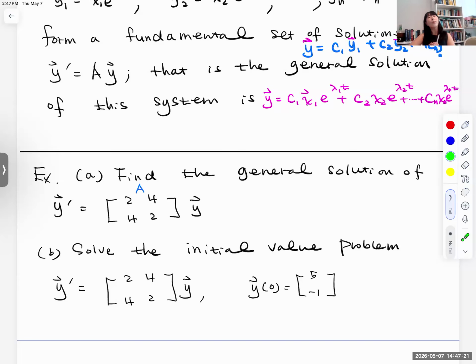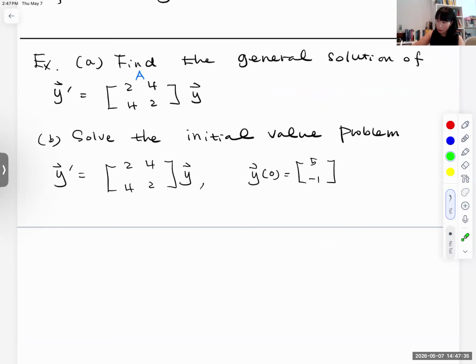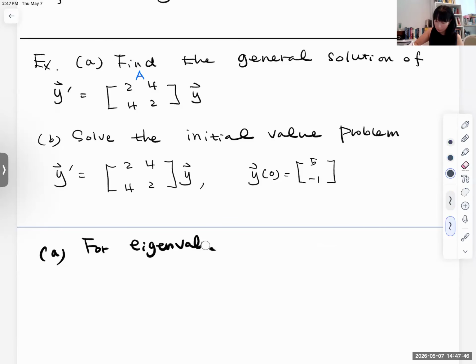Okay, so let us do this one. First of all, we want to find the eigenvalues. Then, using the eigenvalues, we find the eigenvectors. So for eigenvalues, we call them lambda.